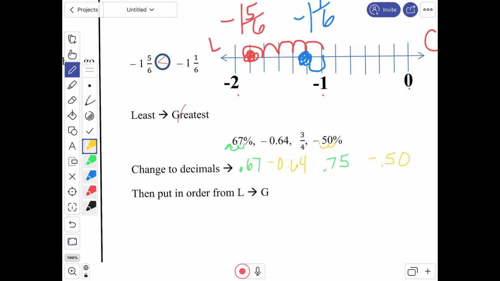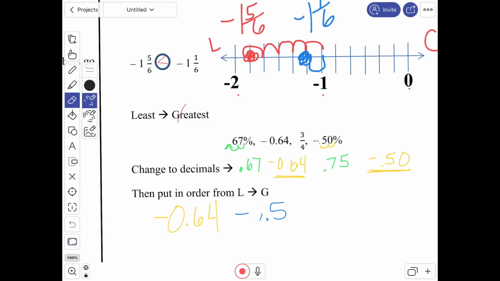So the least ones are going to be negative. So think of which ones are going to be to the farthest left. That one or that one? Remember, negatives kind of count backwards. So the negative 0.64 is going to be less. So that one goes first. And then the next one would be the other negative.